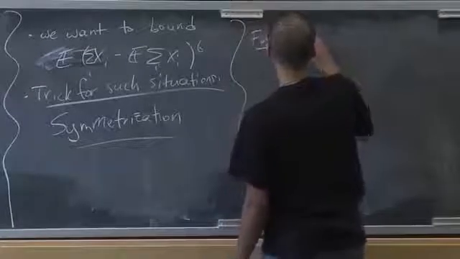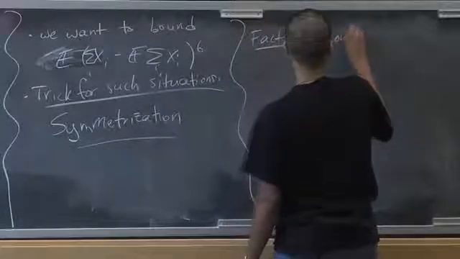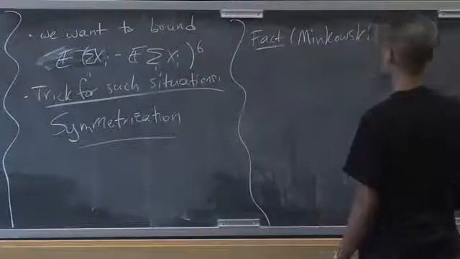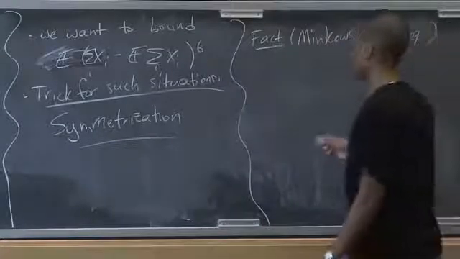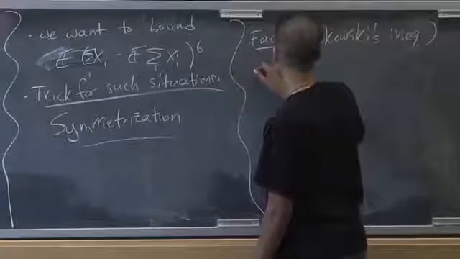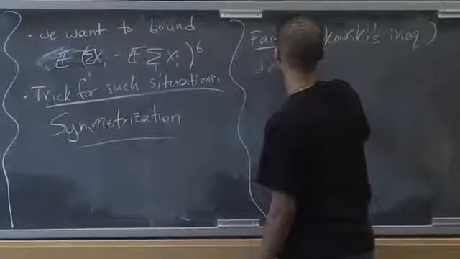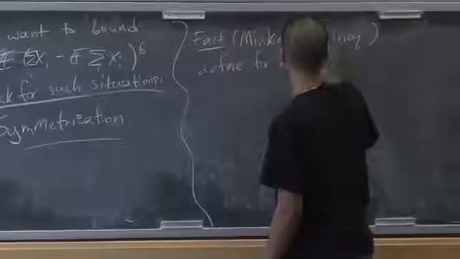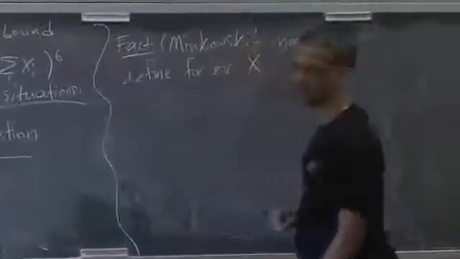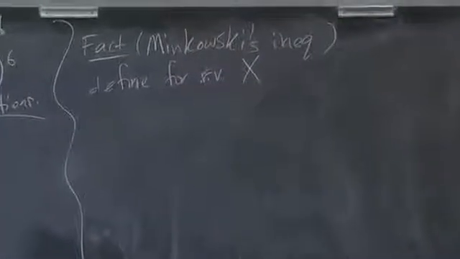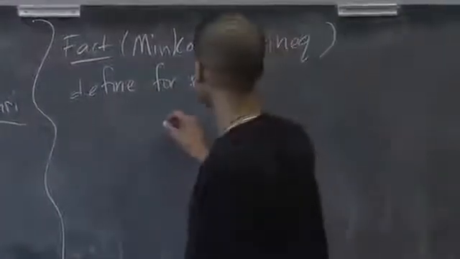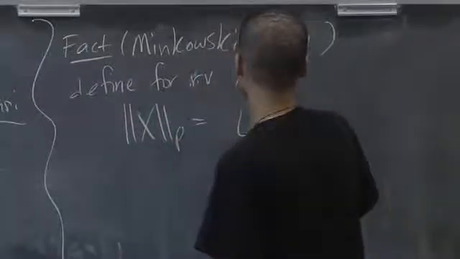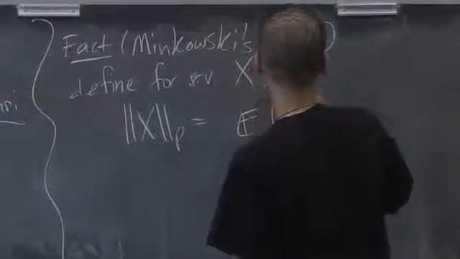This is known as Khintchine's inequality. Define for a random variable x the p norm of x as the expectation of the absolute value of x to the p, to the 1 over p.